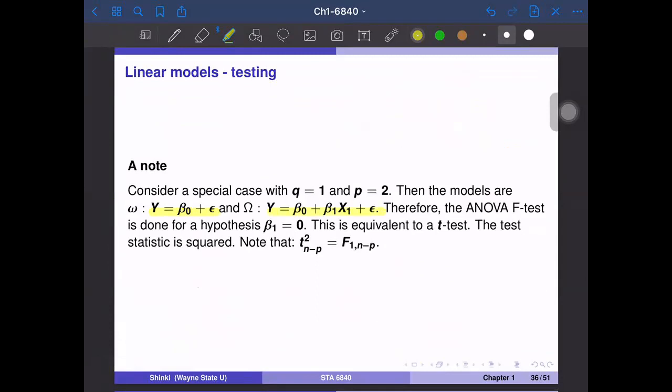So we have 1 additional variable, x1. Then the ANOVA test basically compares these two. That means we test if beta 1 is equal to 0. This test can be done by t-test or F-test, and the result is exactly the same. The square of the t-distribution is the F distribution with df 1 and the degrees of freedom of the t-distribution. So these two tests correspond to each other for this specific case.